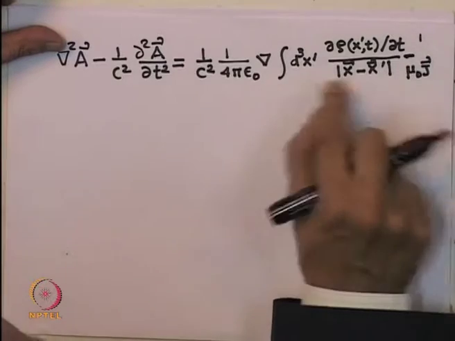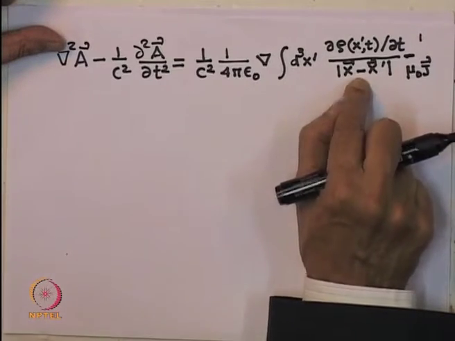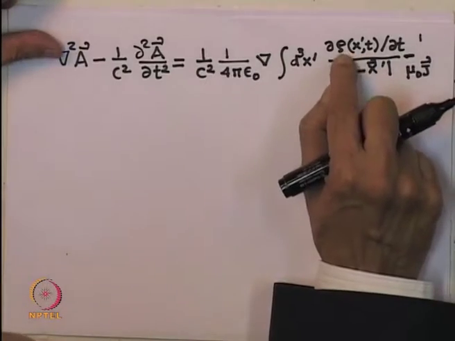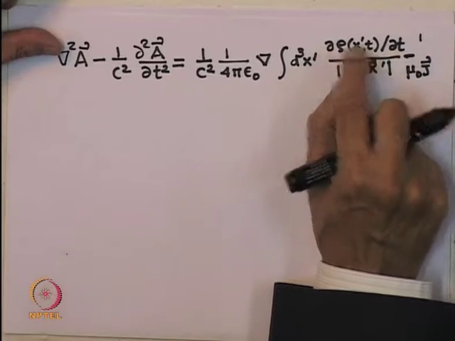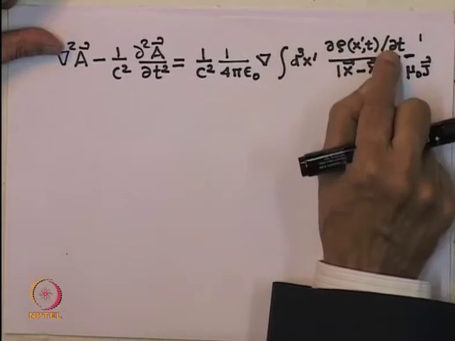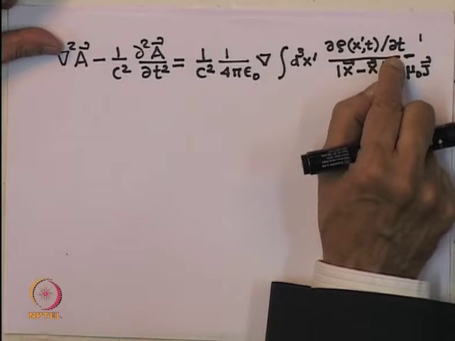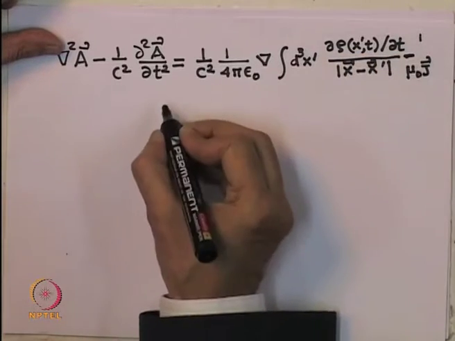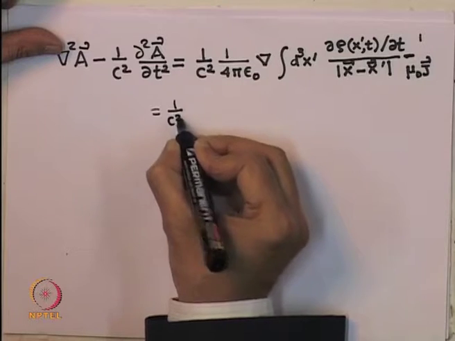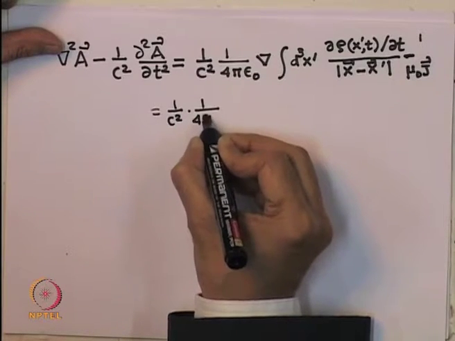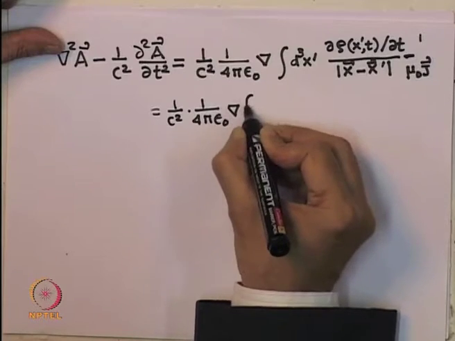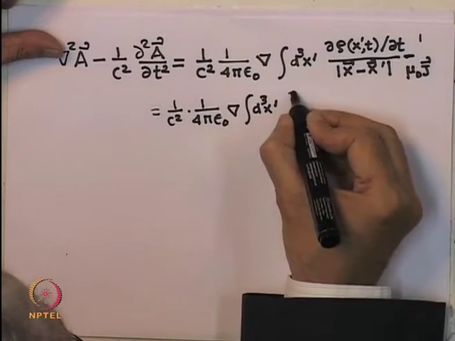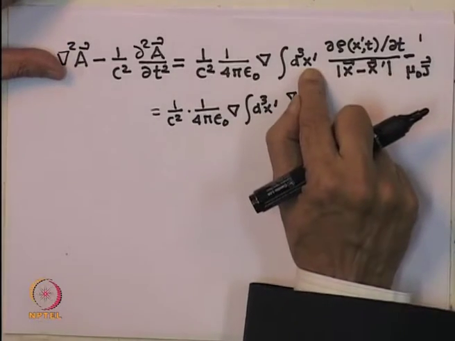So, the question is, how does one handle this equation? I have at least formally removed V and brought in a charge, but you notice that the way it comes is d rho by dt, and d rho by dt is nothing but a current, accepting that this current is j of x prime t. So, let us write it down. It is 1 over c square, 1 over 4 pi epsilon 0, gradient of d cube x prime, and this gradient is now with respect to the primed variable.